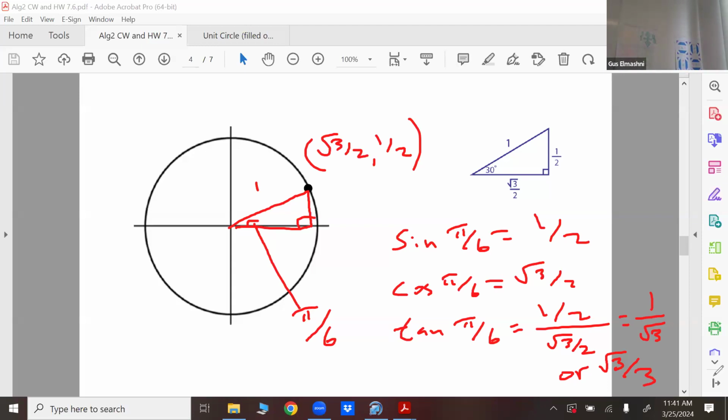Fractions are supposed to be taught really well, and probably weren't. So if you have a tough time with fractions, talk to me. I can help you out. I get that the fractions are a little shaky because of COVID, but this is very fraction heavy. We can't really avoid that, unfortunately. So let me know if you're having a hard time. We can work through it. But fraction division, remember, you flip the fraction you're dividing by, and then multiply, right?